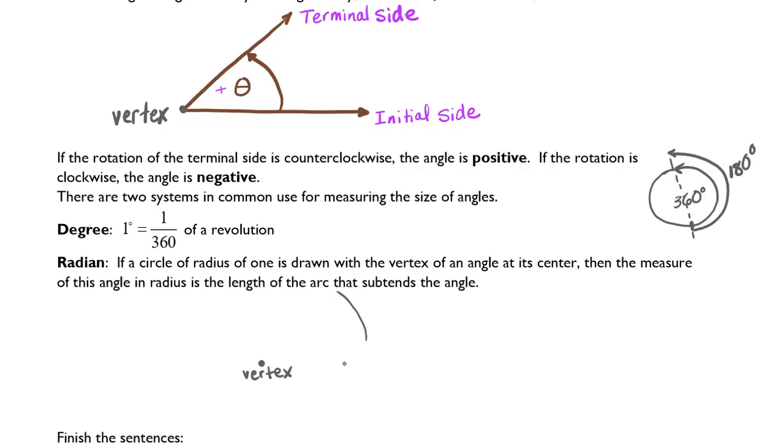Then the angle in radians is the length of the arc that subtends the angle. So here's our radius. And then as we swing this radius around the vertex, it creates this circle.